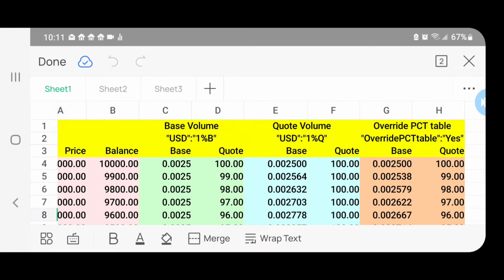You can either base your 1% of your balance on your base currency or your quote currency, or just the raw balance as it is at the moment of the trade, meaning the percent table is actually disabled.